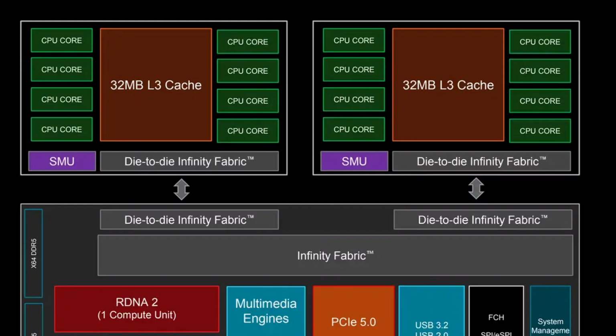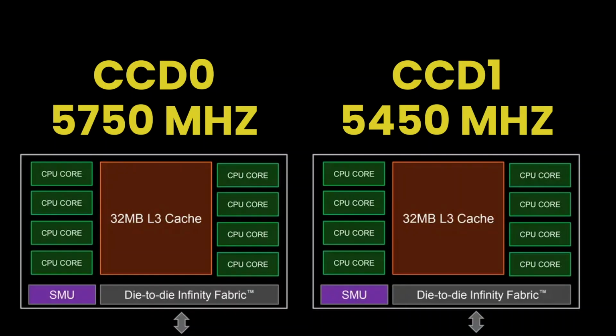For dual CCD processors like the Ryzen 9 9950X, each CCD will have its own Fmax. For the Ryzen 9 9950X, CCD0 has an Fmax of 5.75 GHz, whereas CCD1 has an Fmax of 5.45 GHz.